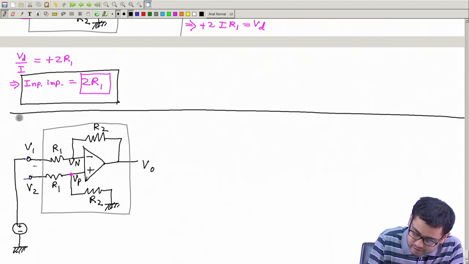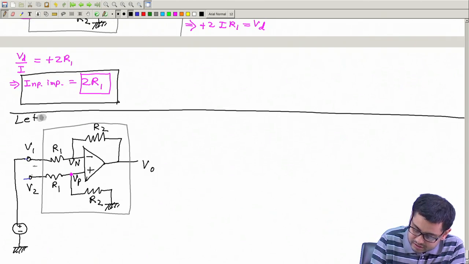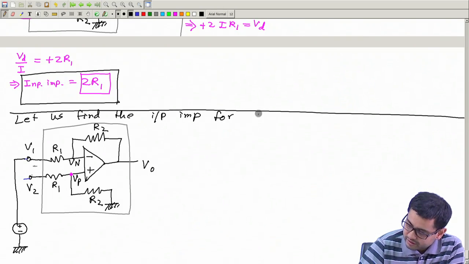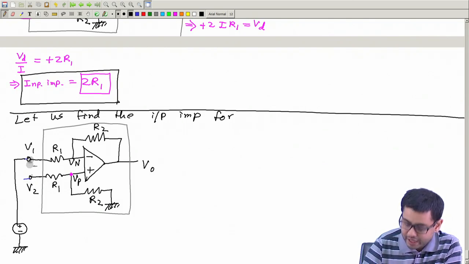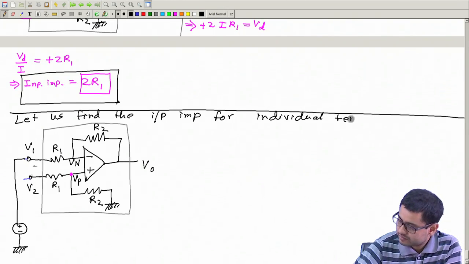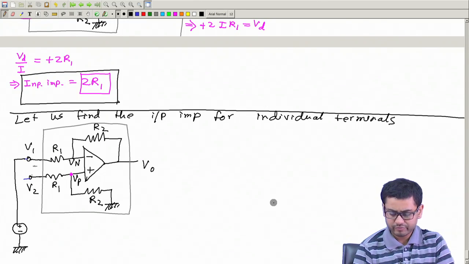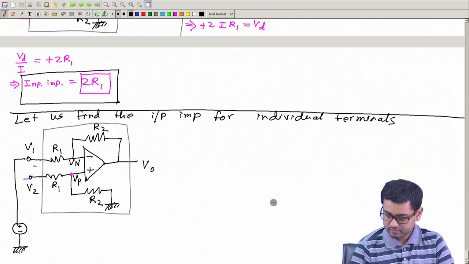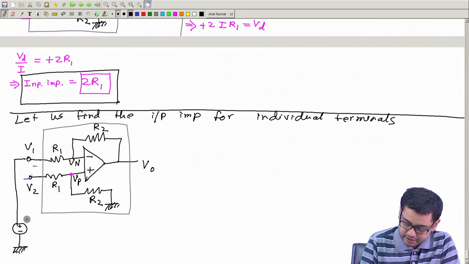So now let us find the input impedance for one terminal at a time, individual terminals. Okay, so this voltage is applied, which is V1.